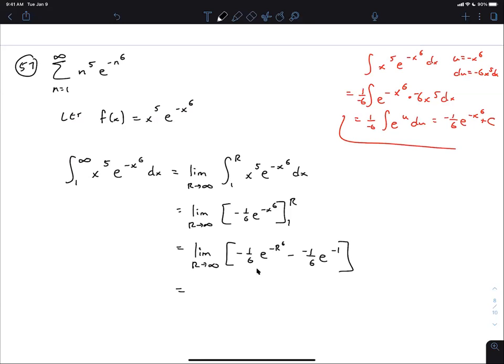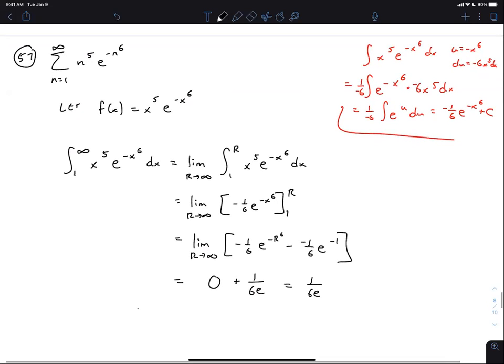So this part goes to 0, and then we get minus negative, so plus 1 over 6e, which is 1 over 6e. Oh, my bad. And so that's, when it says evaluate the integral, that's what you get, since the integral is finite. So because it converges, the series converges by the integral test.